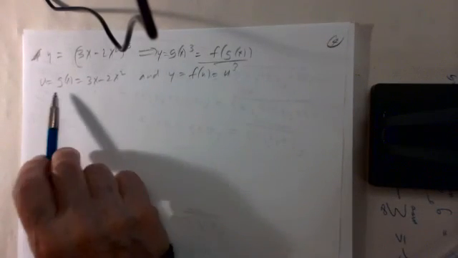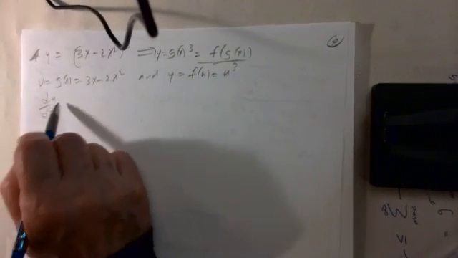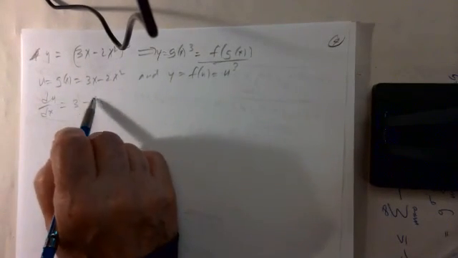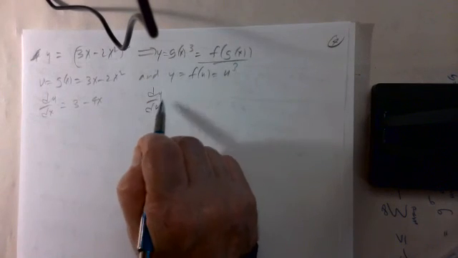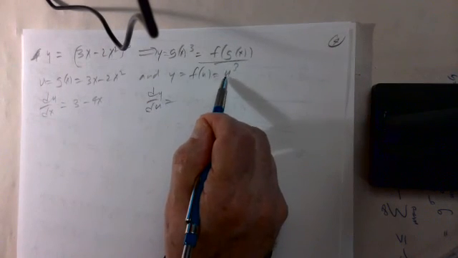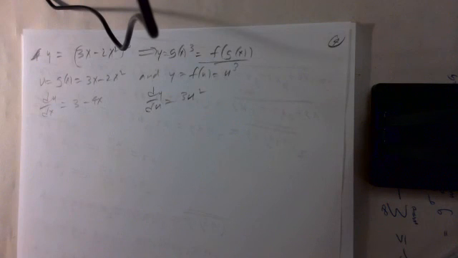So I've decomposed this function as this composite. If u is 3x minus 2x squared, du/dx is 3 minus 4x, and if I differentiate u cubed with respect to u, dy/du is 3u squared.